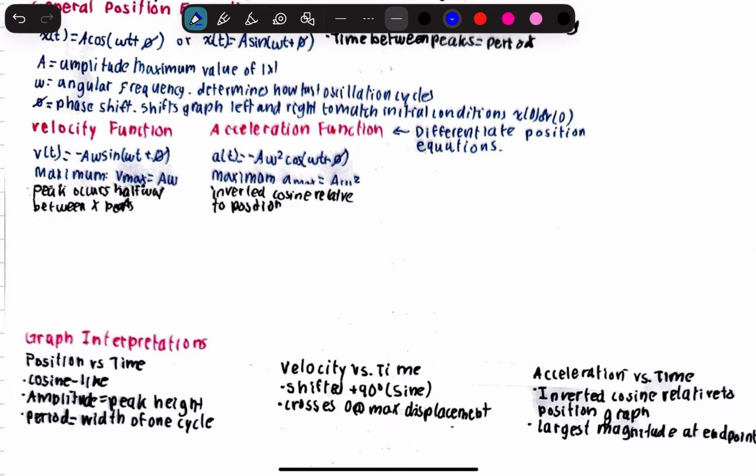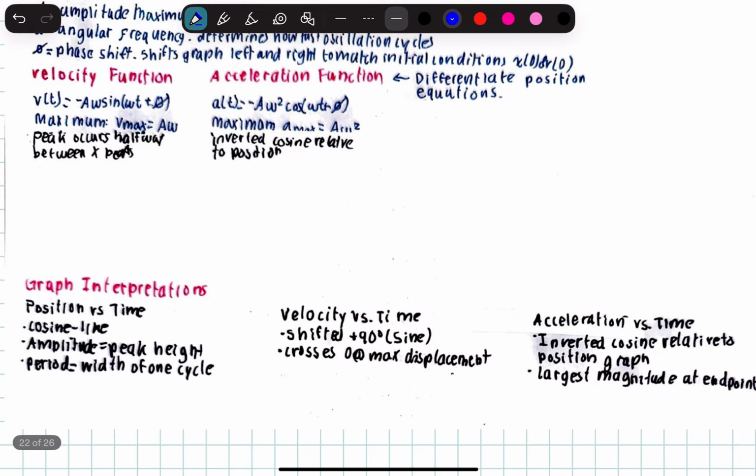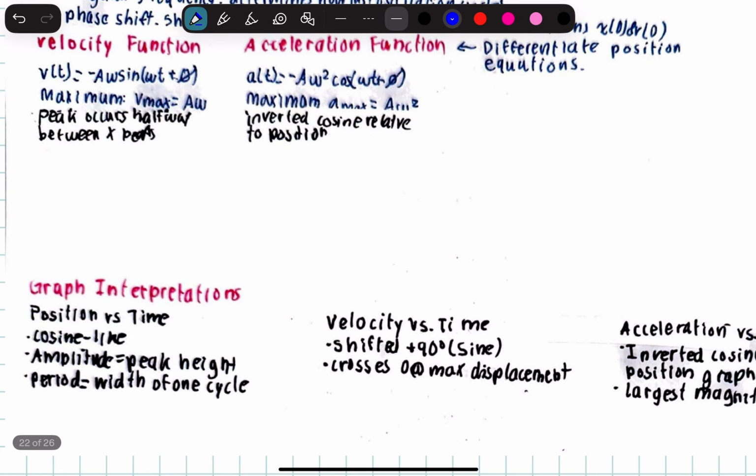And the maximum velocity is v max is equal to the amplitude times omega. And here, we can note that the velocity is 0 at max displacement.